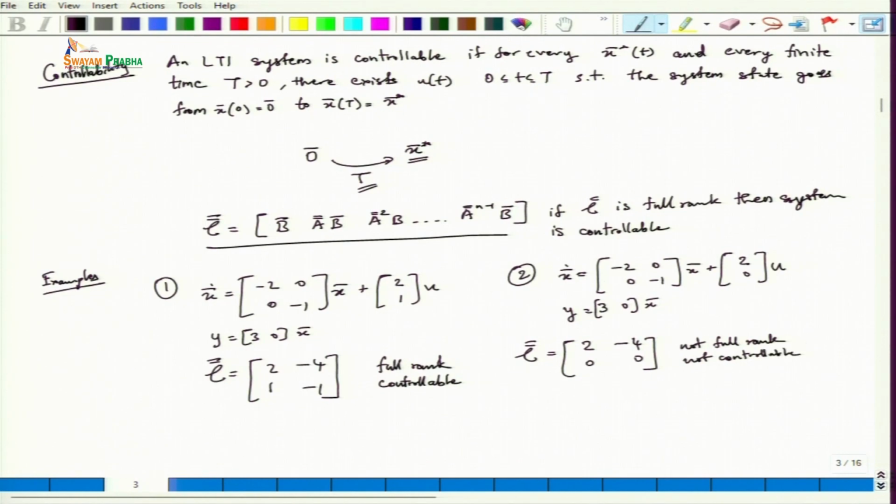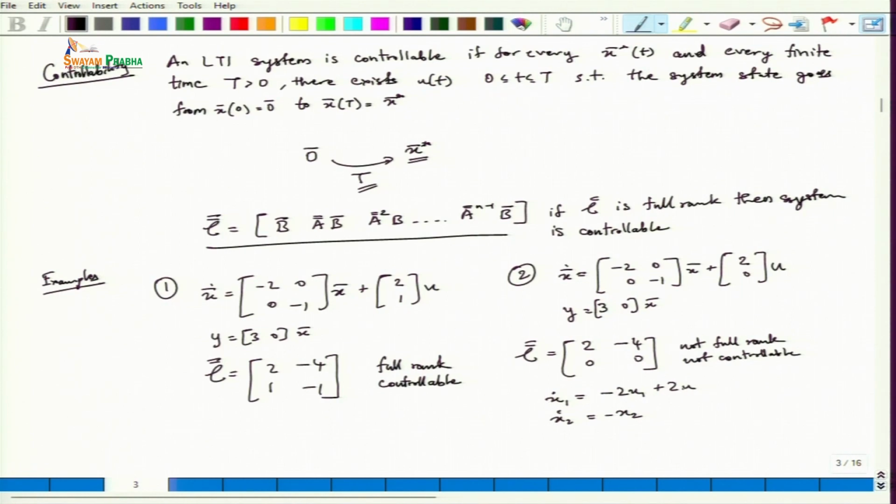So why is this not controllable? If we look at this state equation, we'll write down the corresponding differential equation. So you get x1 dot equal to minus 2x1 plus 2u, and x2 dot is equal to minus x2. So here if you see, u is part of the first differential equation.